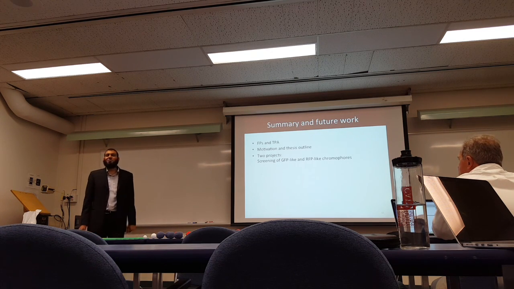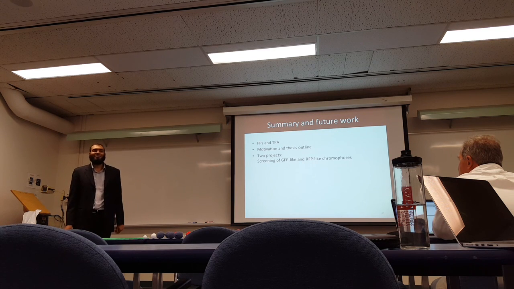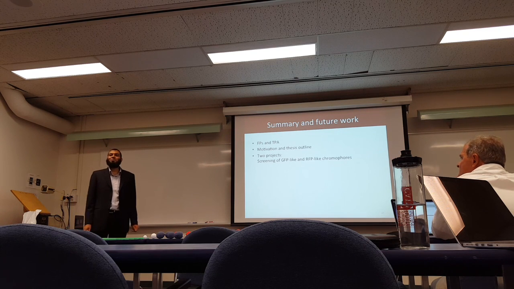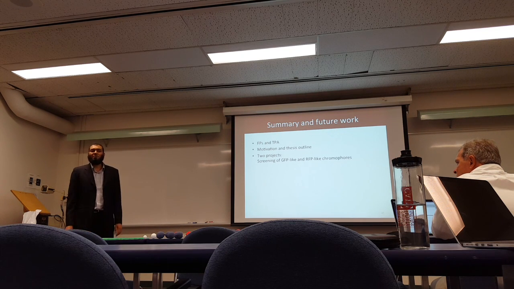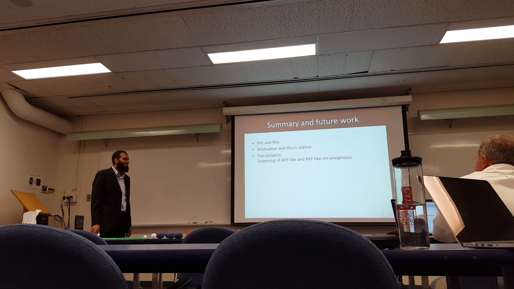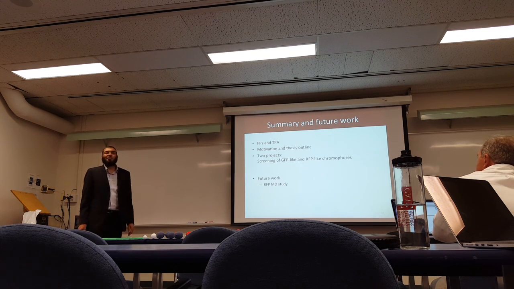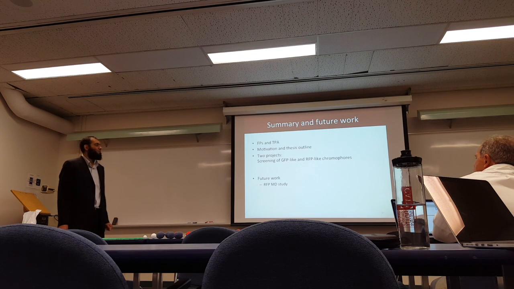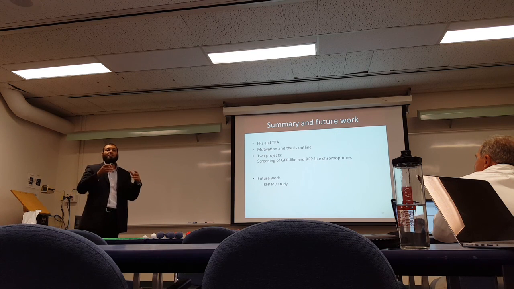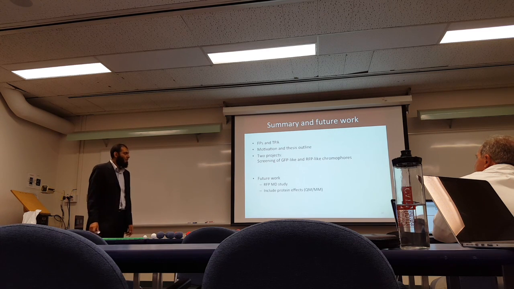So today I talked to you about fluorescent proteins, and I tried to entertain you with two-photon absorption. I told you that we're trying to predict chromophore structures with large two-photon absorption. I talked to you about the screening of green fluorescent protein-like and red fluorescent protein-like chromophores. For future work, there is some need to do a red fluorescent protein molecular dynamics study, similar to the one I did for the GFP, just to sample those acylamine dihedrals properly, and to include protein effects, which I've been ignoring.